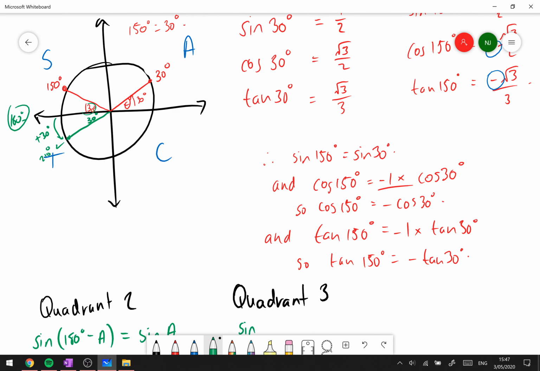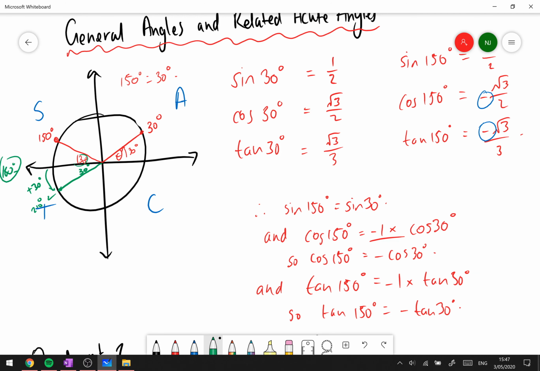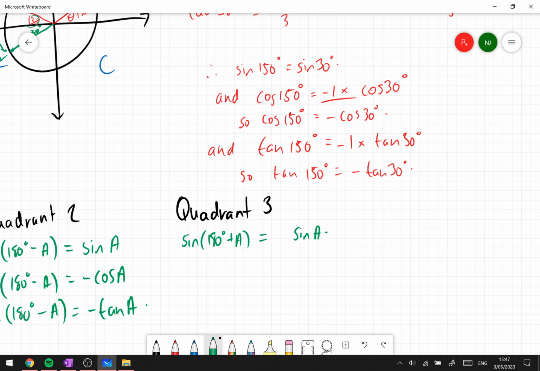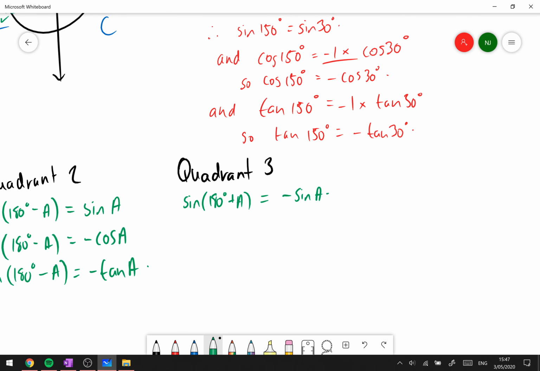So my sine of 180 degrees plus my angle this time, and the reason I'm doing 180 plus is because this A here is representative of the angle that I'm using, that related acute angle. Now, sine in the third quadrant is negative, so sine of 180 degrees plus A is just equal to negative sine of A. That's considering that A is between 0 and 90 degrees.